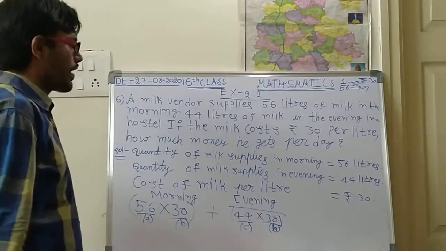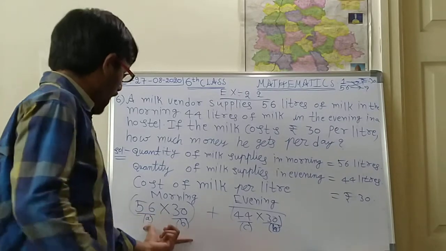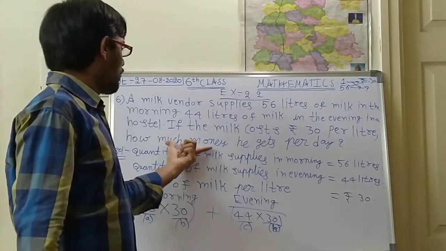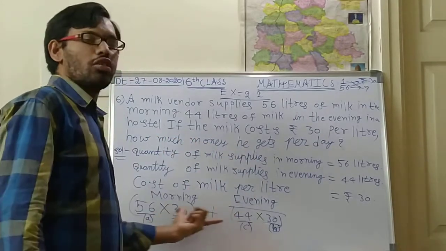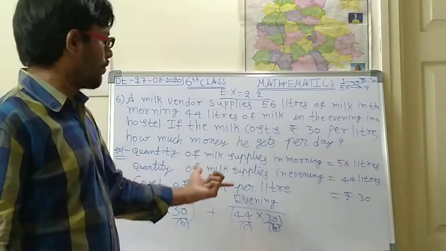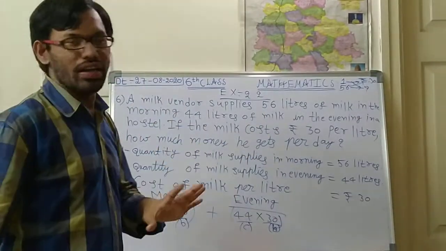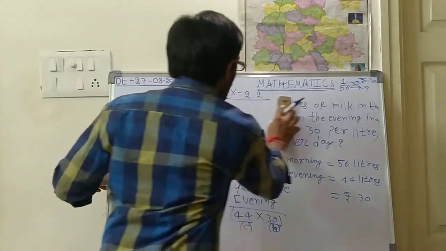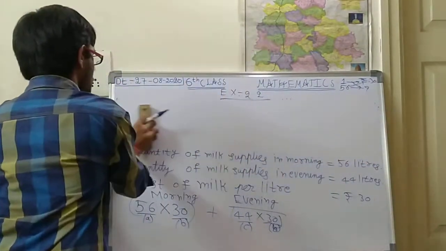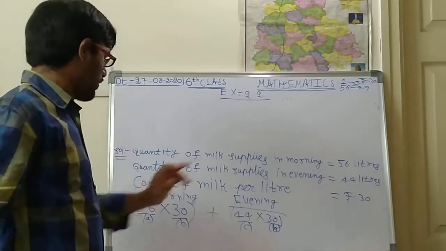How can you write this one? If you add these two, you will get the total amount for one day. I think so. Is it right? So you are understanding. I will rub the question here so that you can understand very easily. Now morning session, evening session.